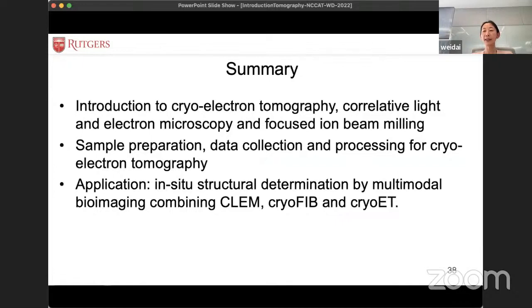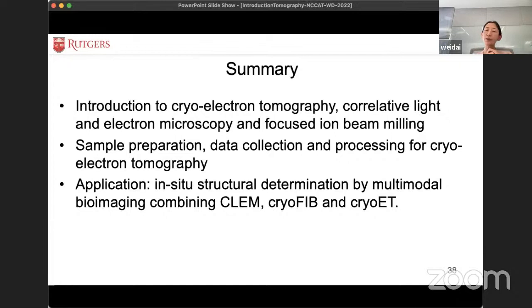And that basically ends my first part of the lecture. So I spent 40 minutes to give you a very brief introduction of tomography and how it compares to single particle analysis in sample preparation, data collection, and also application.